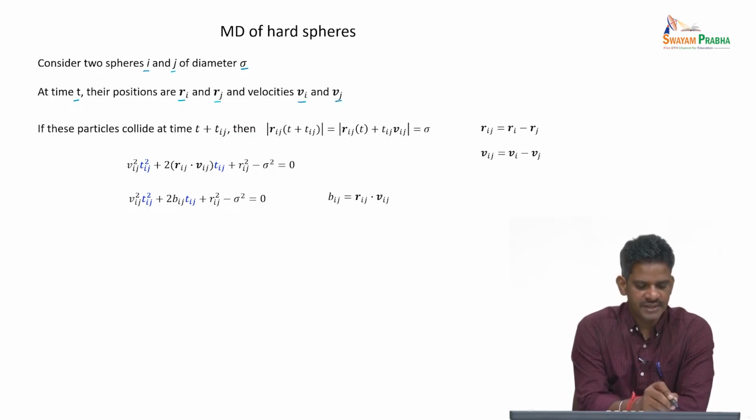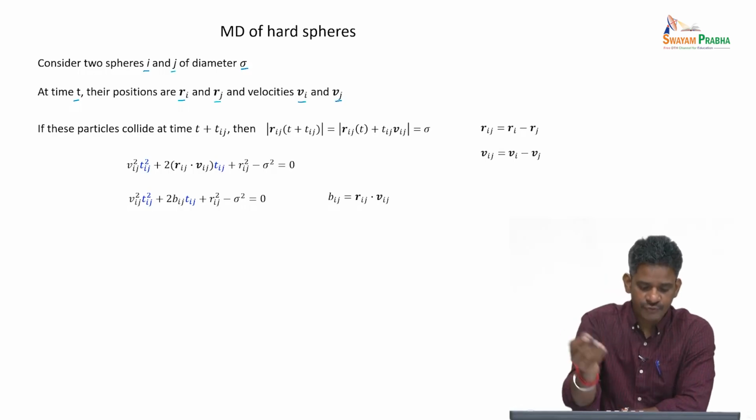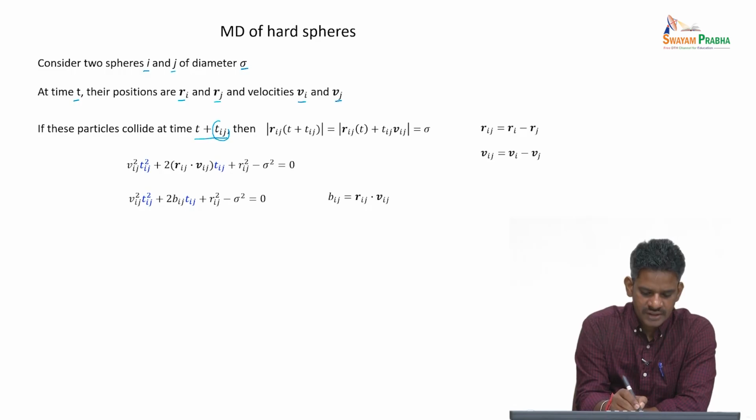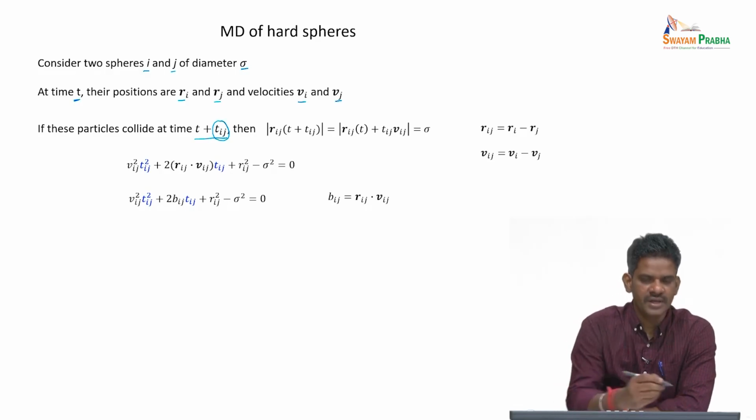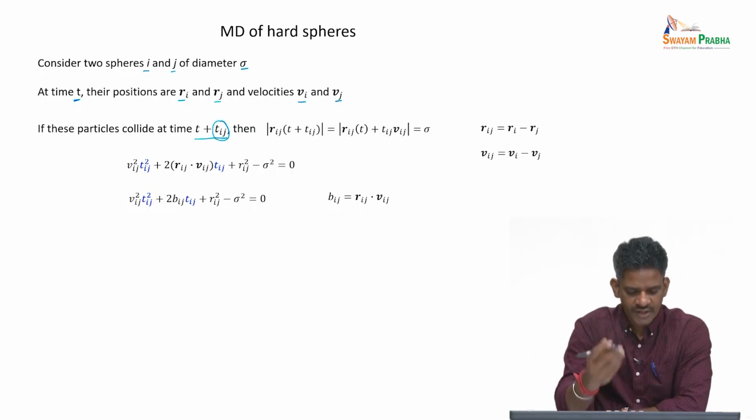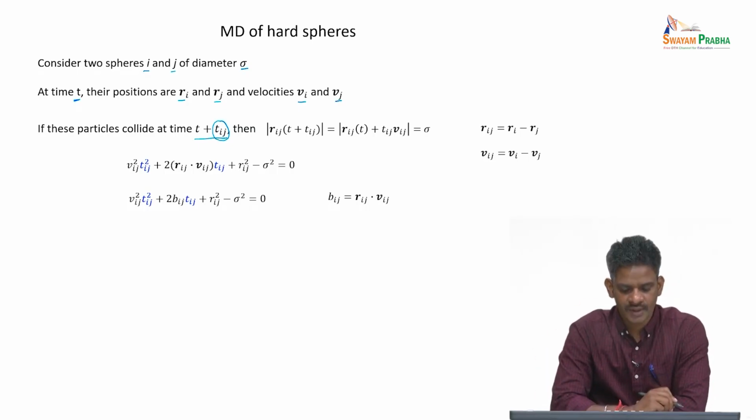Now, if these particles i and j were to collide at some future time t plus Tij, so this Tij here is what I call the collision time of pair i and j. So we have the information at time t, and now we are looking at the future at some point of time t plus Tij.